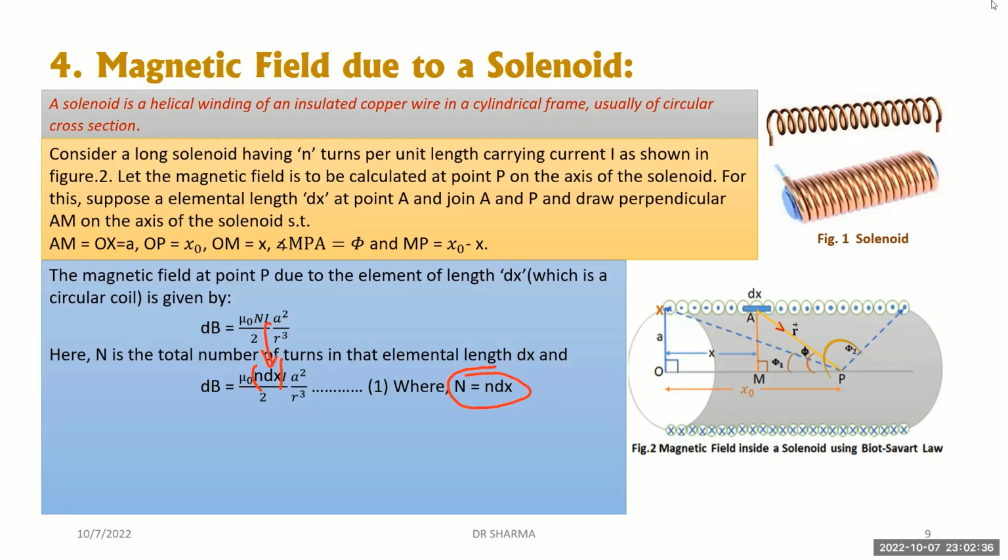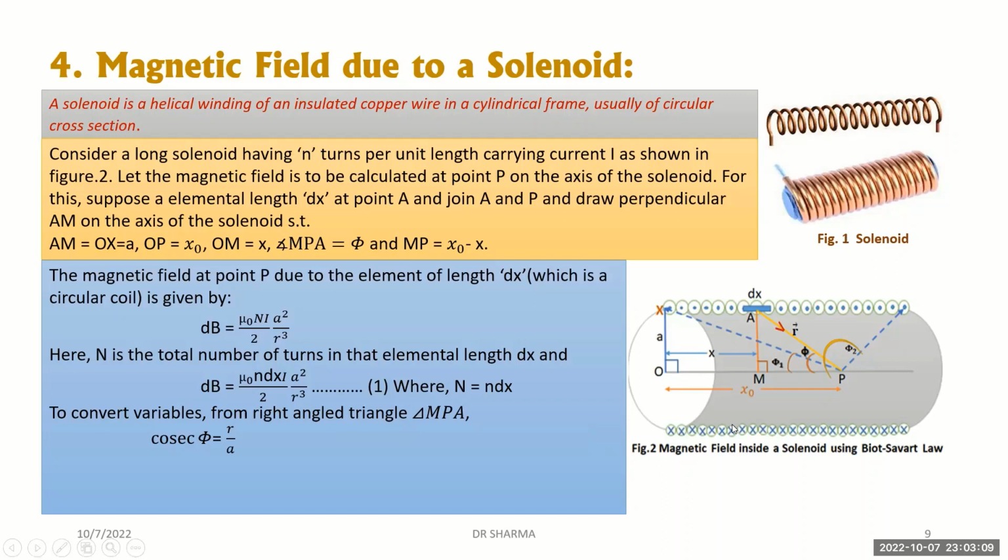Now we will convert the variables using the geometry of the figure. Check the right angle triangle MPA. In this triangle, we have cos phi is equal to r by a, h upon p.